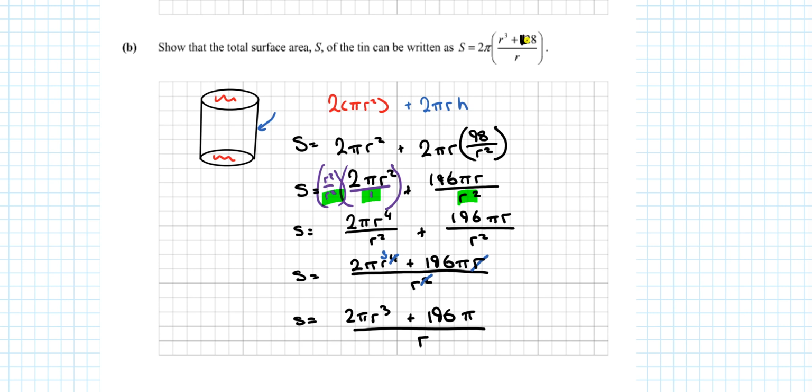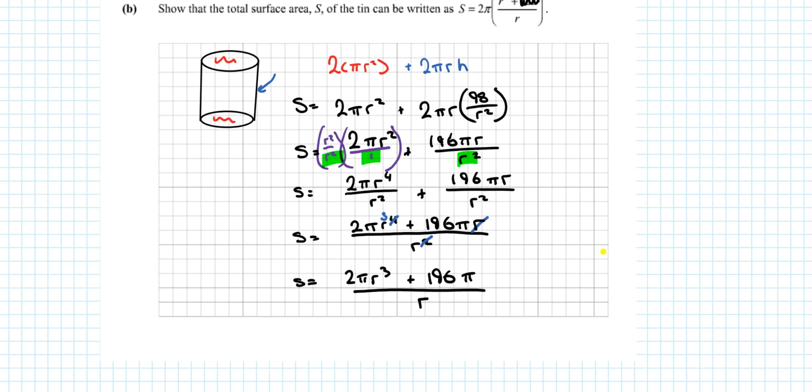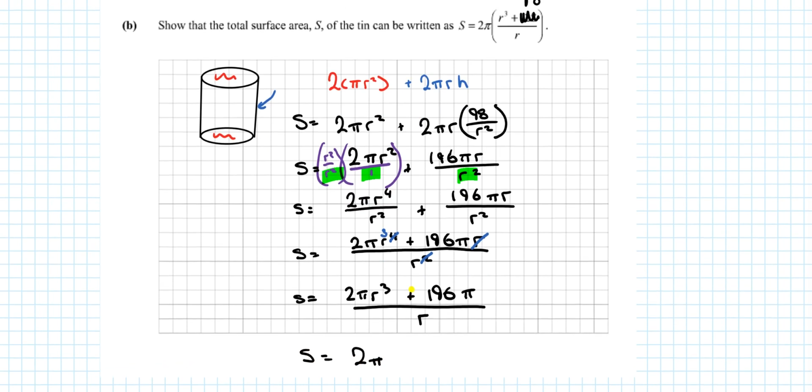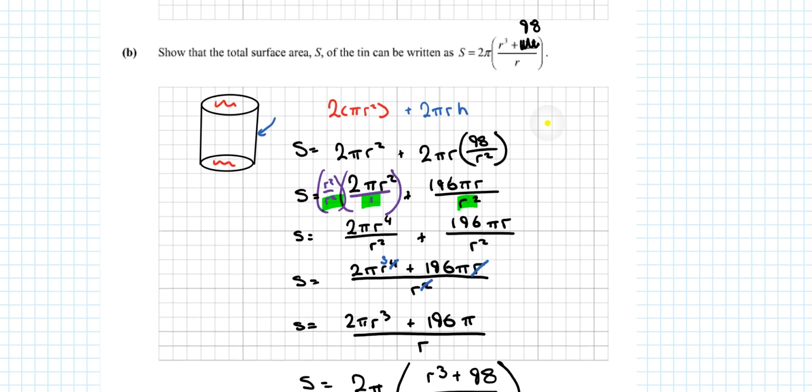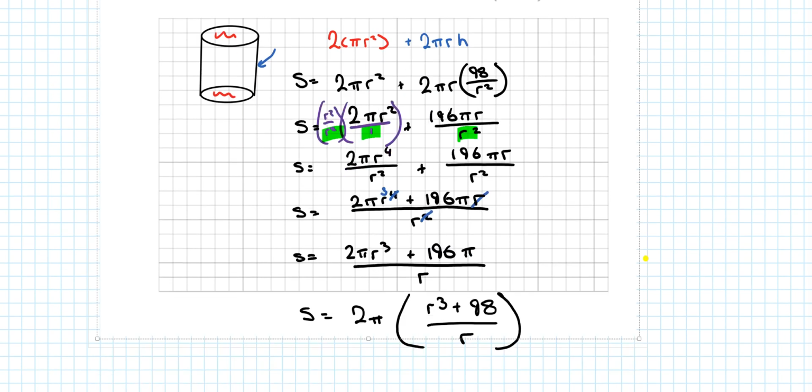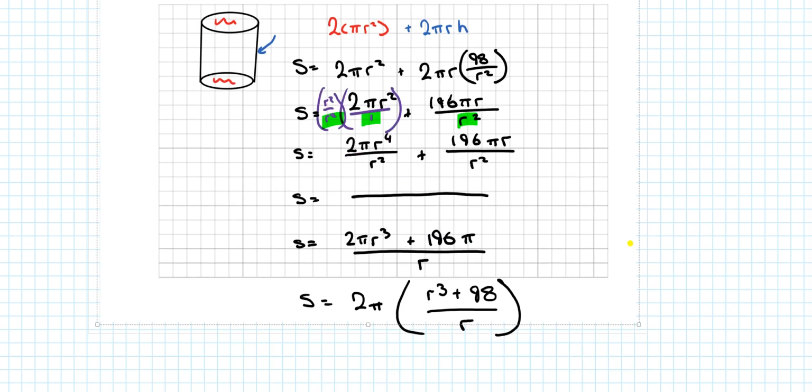It would make sense because when I factorize out the 2 pi, I'd be left with R cubed plus 98 all over R. So I think that's definitely the answer, and this is wrong, unfortunately. It should be 128. Hopefully that hasn't annoyed you too much.